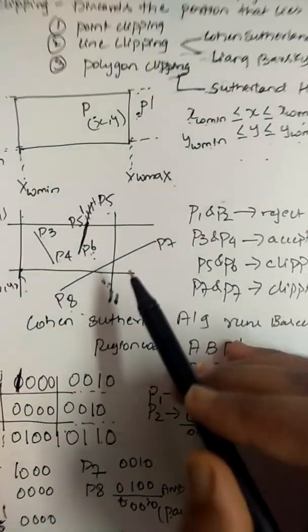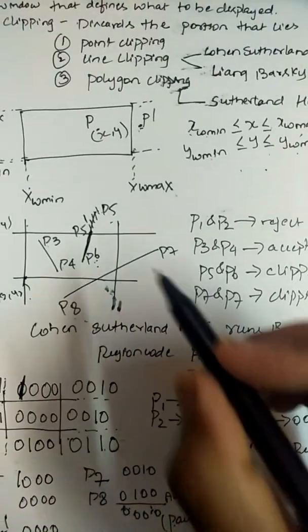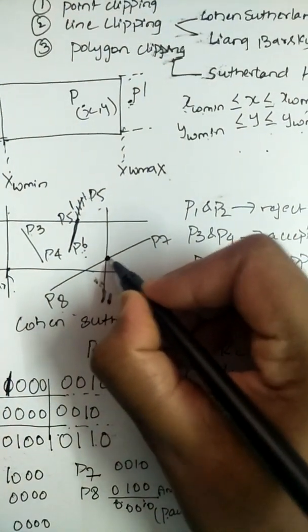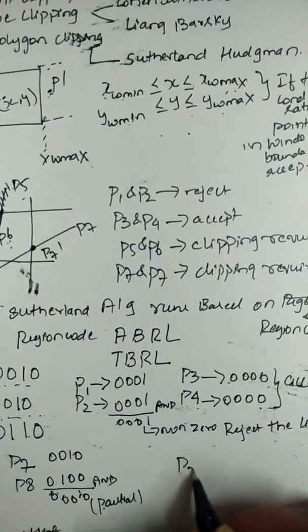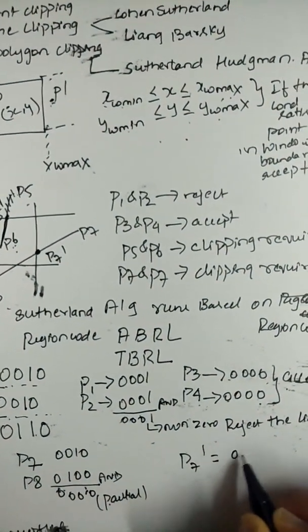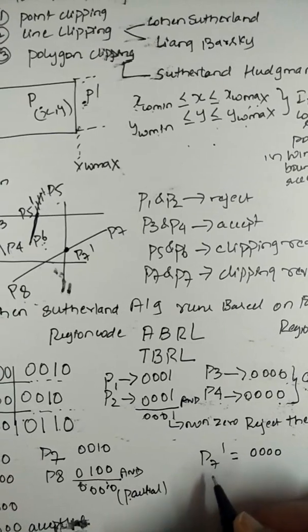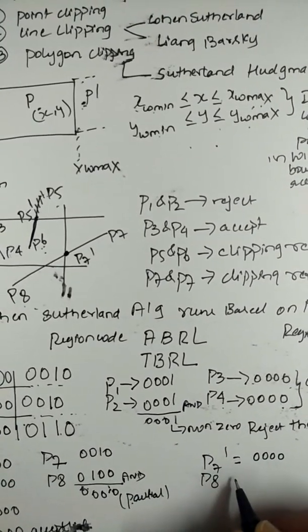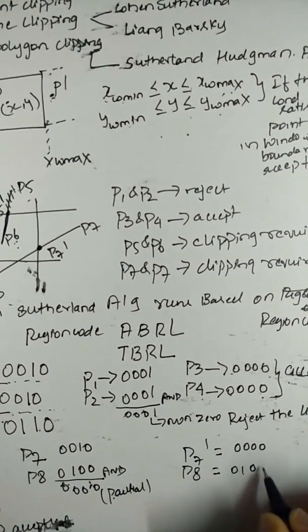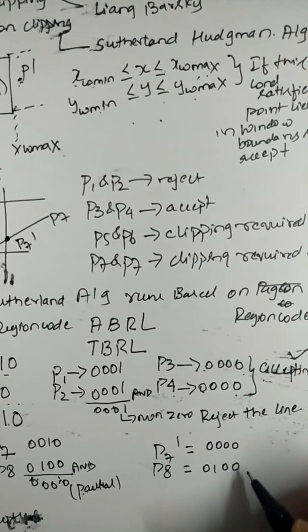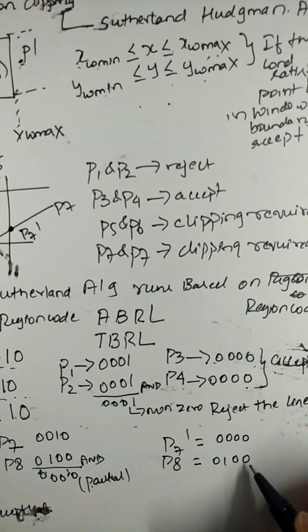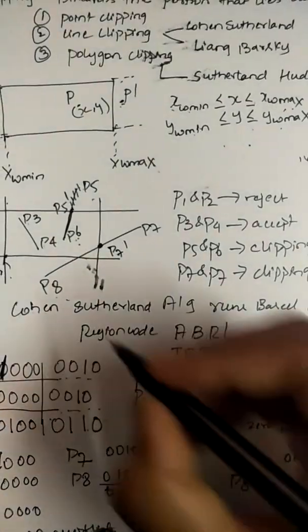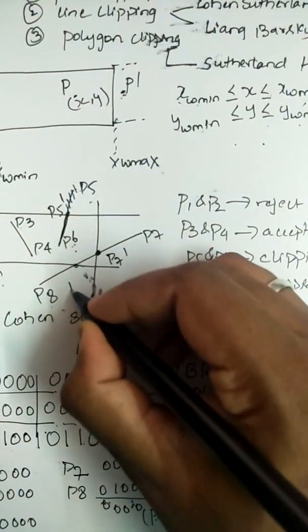For the time being, for this line we have to find an intersection point P7 dash. So P7 dash will be 4 zeros and P8 will be 0100. P7 dash is 0, but P8 is not 0, so we can't accept it completely. Find the intersection point, that is P8 dash.